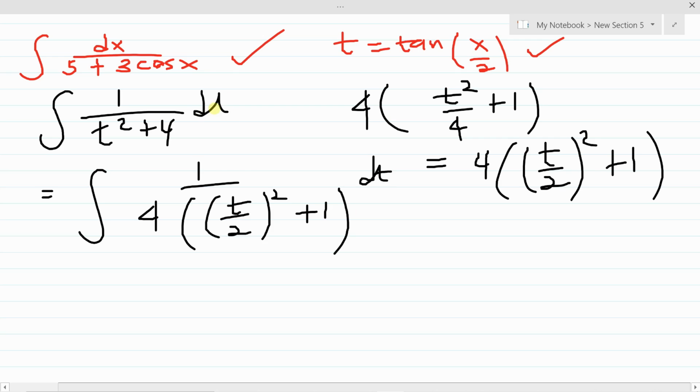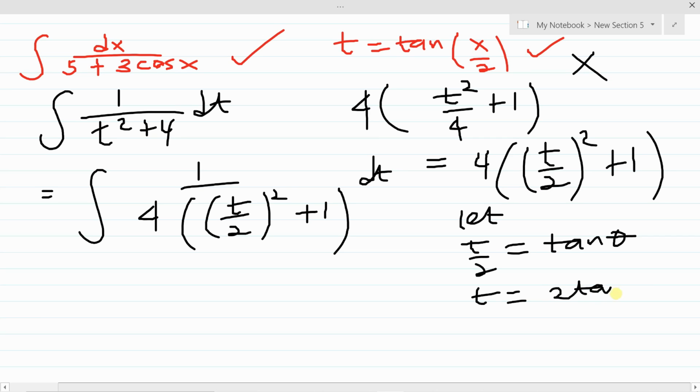Alright, there was a dt here. So now we let t over 2 be equal to tan theta. Then t will be equal to, this is a different t, please, it's different from this one, t will be equal to 2 tan theta. Now dt is equal to 2 sec squared theta d theta.